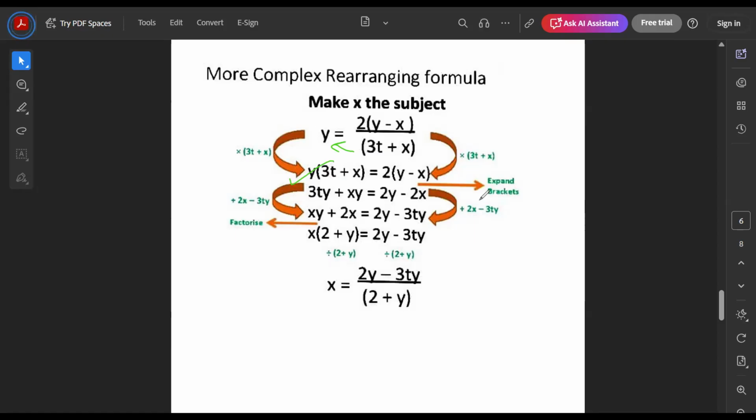After arrangement, we factorize, taking a common x. And then after taking x common, eventually we get this answer with x as the subject.